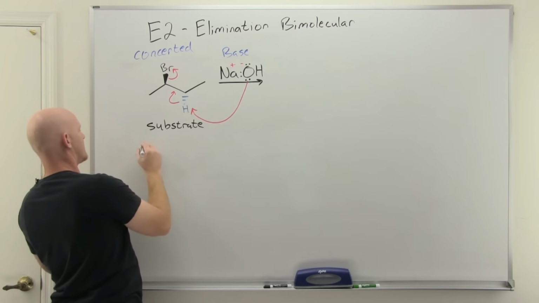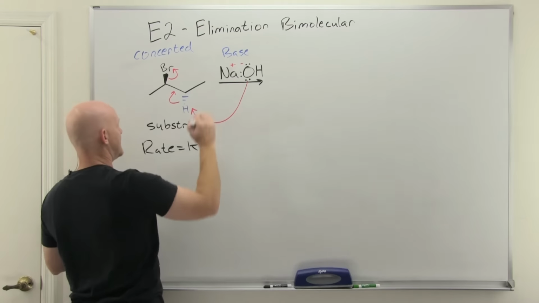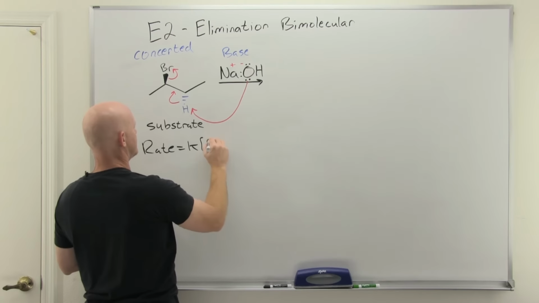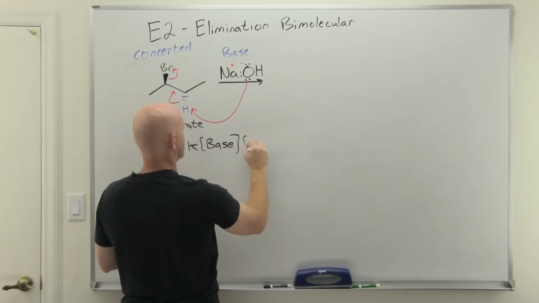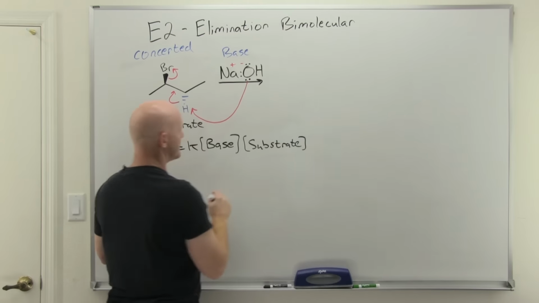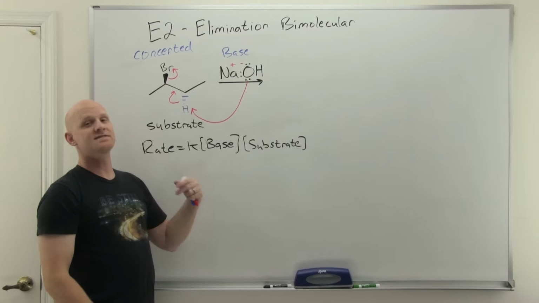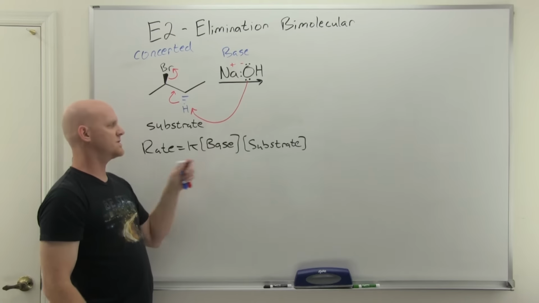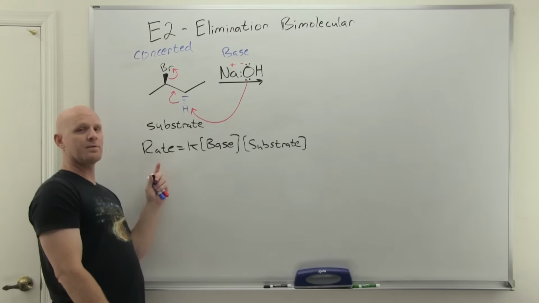And we can take a look at our rate law here. We see that the base is involved in this step, and we see that our substrate is involved in this step as well. And so in this case, first order with respect to the base, first order with respect to the substrate, second order overall, adding those two individual reactant orders together. So if you double the concentration of the base, you'll double the rate of the reaction.